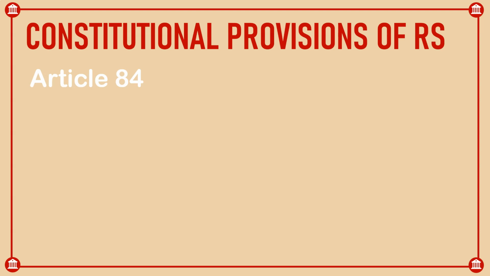Article 84 defined and established the Rajya Sabha as the upper house of parliament, and it also specified the powers I mentioned earlier: the power to pass bills and turn them into laws, the power to impeach the president and remove other powerful officials from government, such as the Chief Election Commissioner.